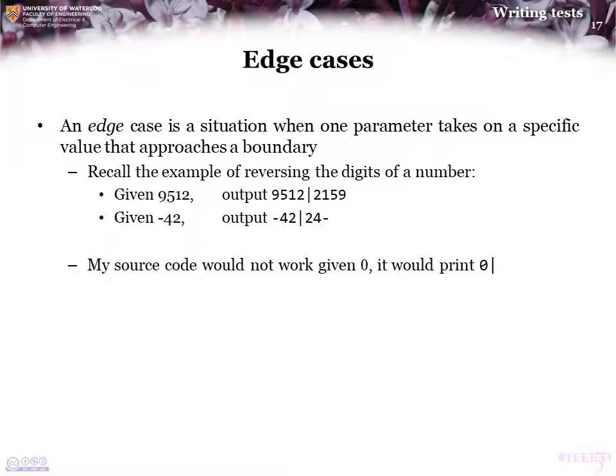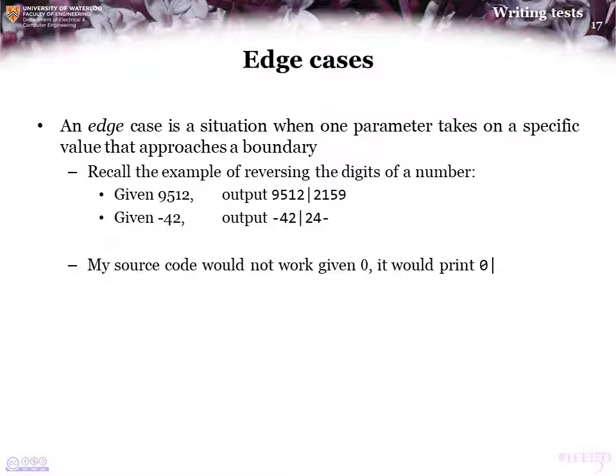Now, looking at my source code, I noticed that I was comparing something against 0. So if I'm comparing a value against 0 and it halts when that value is 0, then what happens if that parameter starts off with the value 0? Well, I noticed that my code actually would not work if the argument was 0.